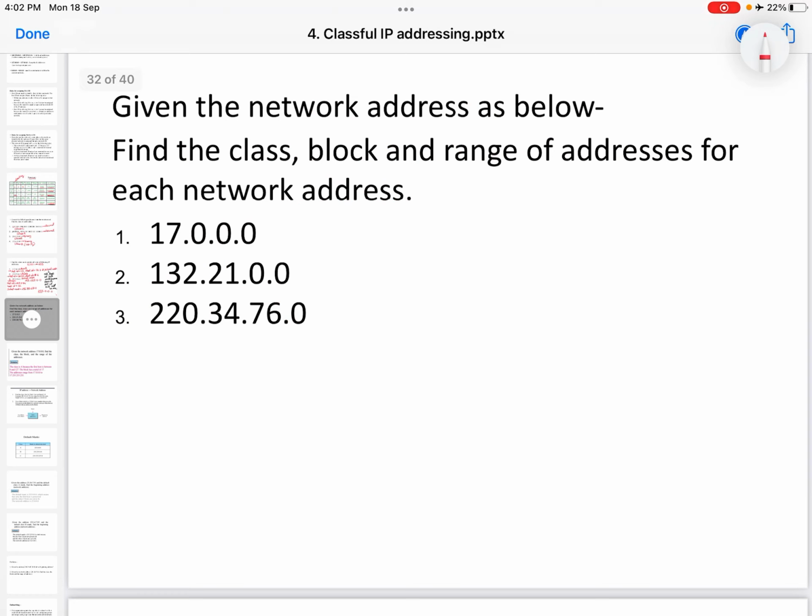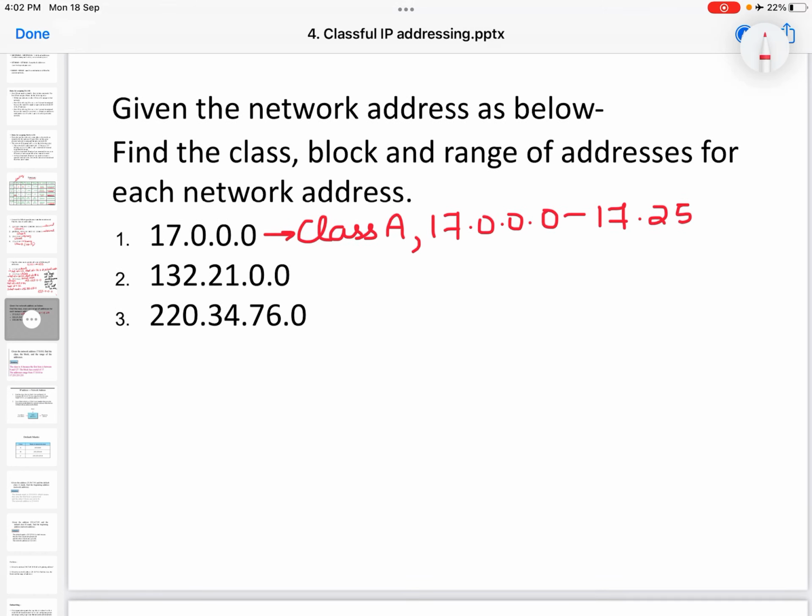Next, given the network address as below, find the class, block and range of address. So this is belonging to class A. 17.0.0.0 till 17.255.255.255, this is your range.